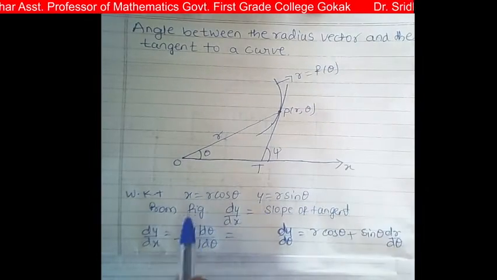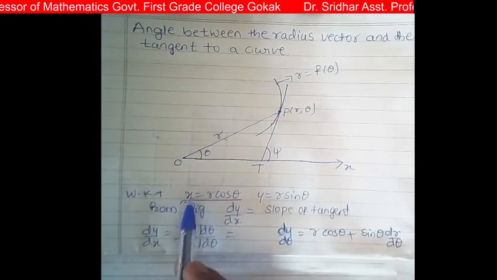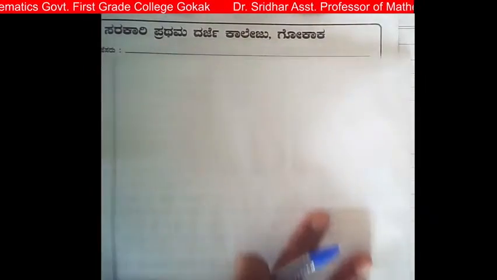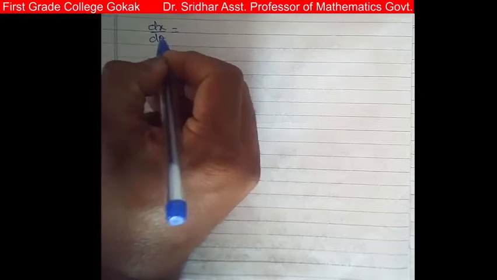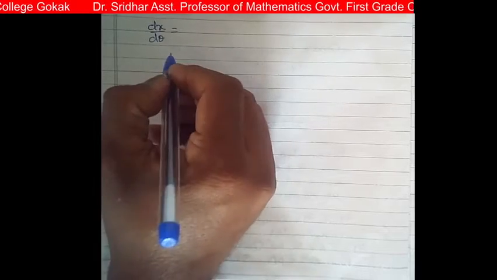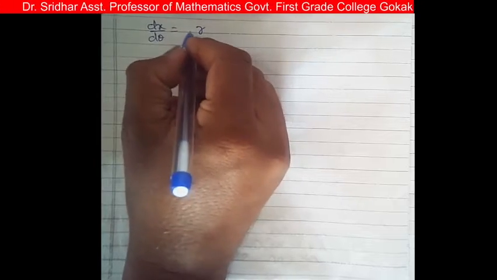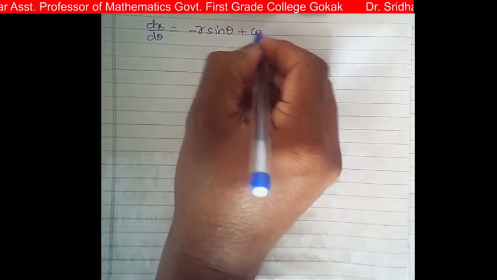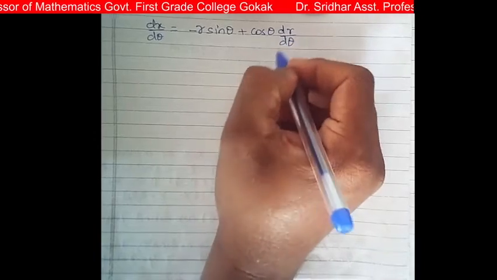Next, take the equation for x and differentiate it with respect to theta. That gives dx by d theta is equal to the first function as it is, r, into the differentiation of cos theta, which is minus sin theta, plus the second function as it is, cos theta, into the differentiation of the first function, dr by d theta.